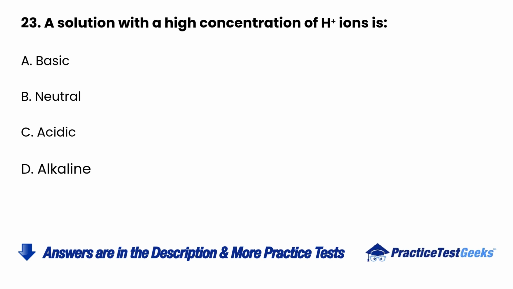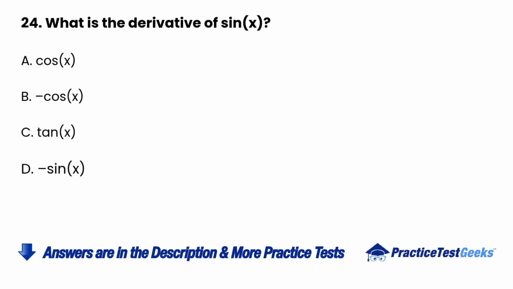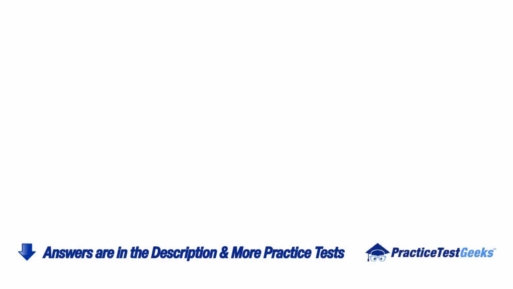B. Neutral. C. Acidic. D. Alkaline. 24. What is the derivative of sin x? A. Cos x. B. Cos x. C. Tan x. D. Sin x.